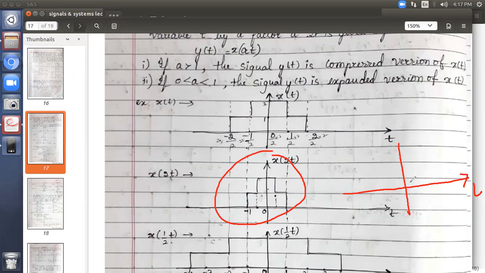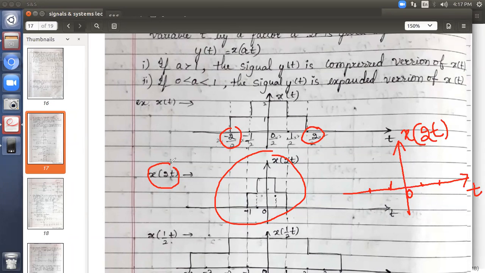You also try to draw along with me. This is your horizontal axis. This is your vertical axis. Now the vertical axis is x of 2t. You are finding x of 2t. Then what is the range of x of t? It is -2 to 2. Compressed means obviously the range will get compressed. It will not be 2, it will be less than 2. Hence, we will simply mark it. Let's see what will happen. I have marked some points here. This is your 0 point.